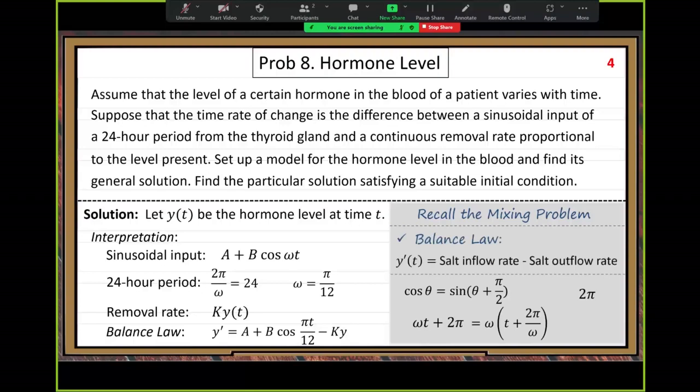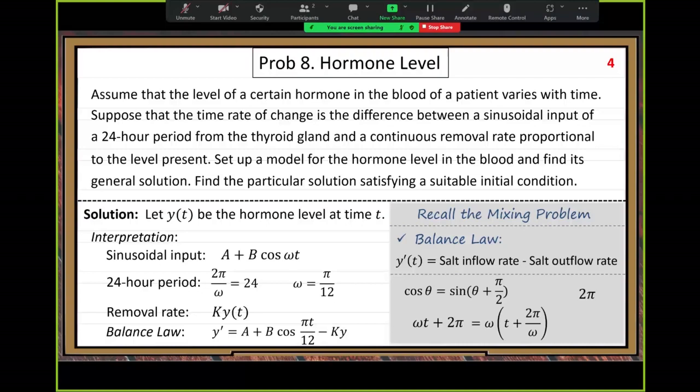So here I refer to our old Balance law: y prime equals salt inflow rate minus salt outflow rate. Look at the similarity here. We have the same pattern. The Balance law is very general in the real world.